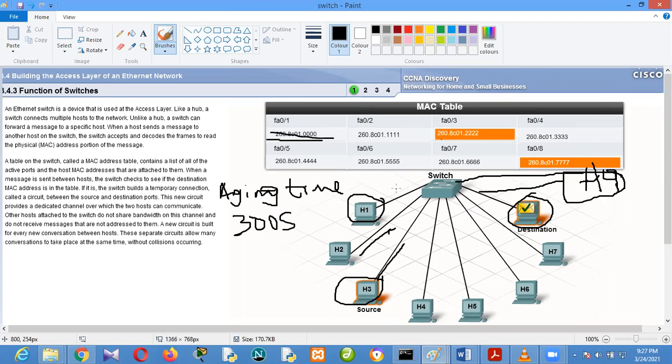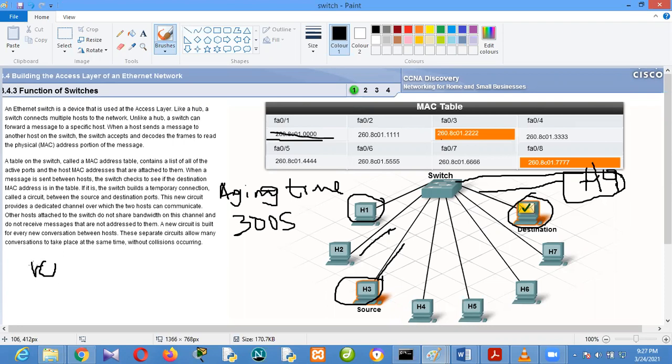So that's the way the switch fills its ARP table. Then I just want to be sure that you've understood the ARP. A is address, R is resolution, and P is protocol. ARP means Address Resolution Protocol.